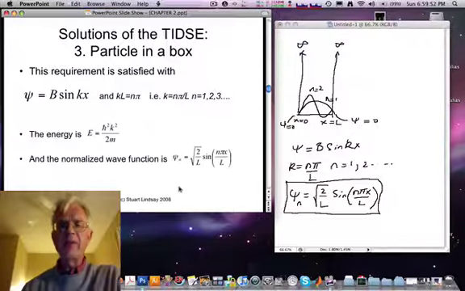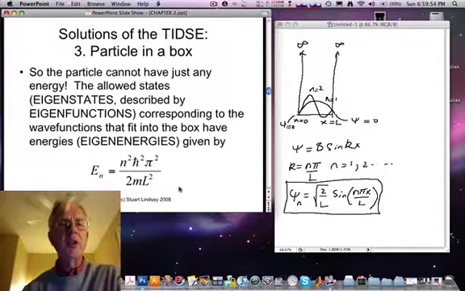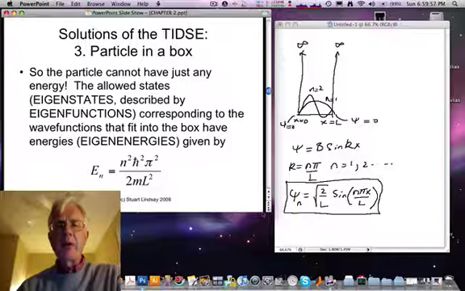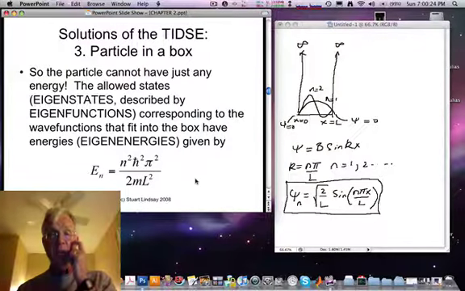We end up with an expression for the energy, n squared h bar squared pi squared over 2mL squared. So the energy goes up like n squared, so the higher the eigenstate, the higher the energy. So the ground state energy of the particle would be h bar squared pi squared over 2mL squared. The first excited state would then be 4 h bar squared pi squared over 2mL squared, and so on.